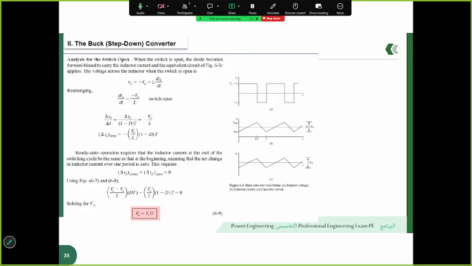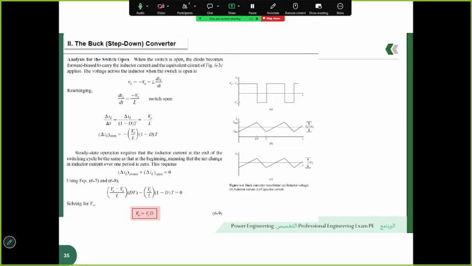The slide shows the voltage across the inductor when the switch is open is VL equal to minus Vo. This leads to the fundamental relationship between the input voltage Vs, the output voltage Vo, and the duty cycle D. The final equation derived is Vo equal to D Vs.